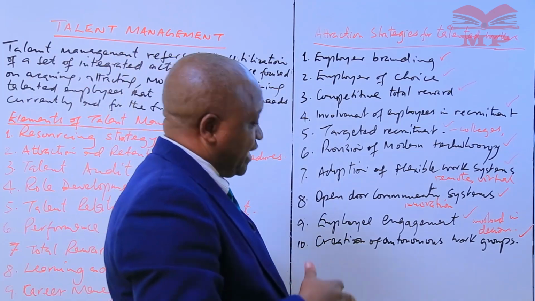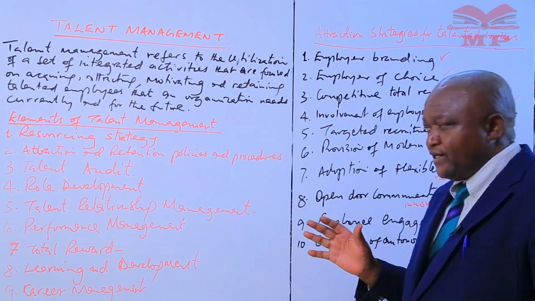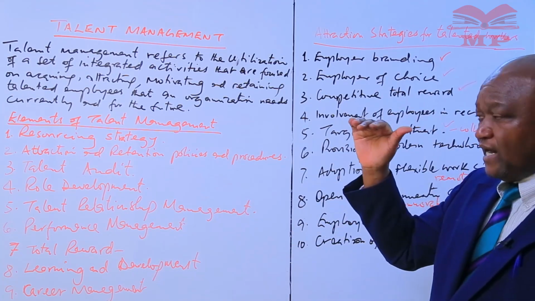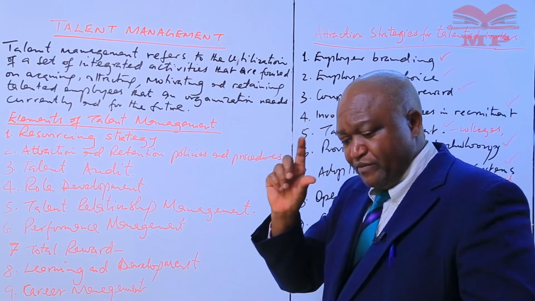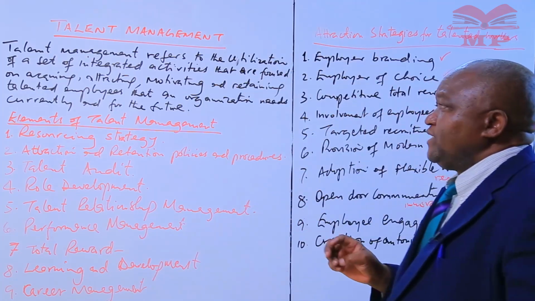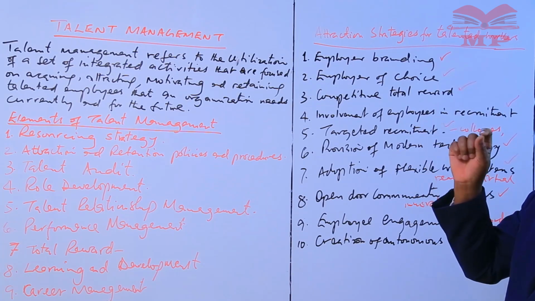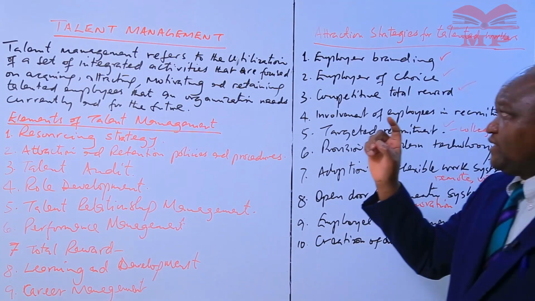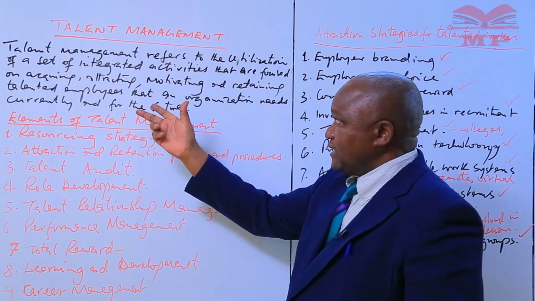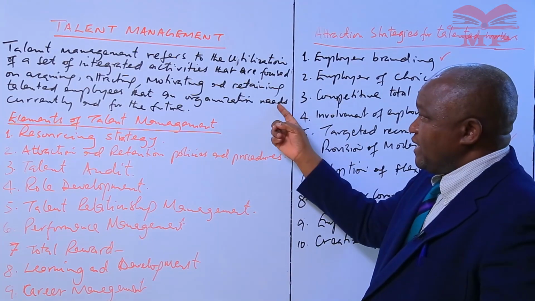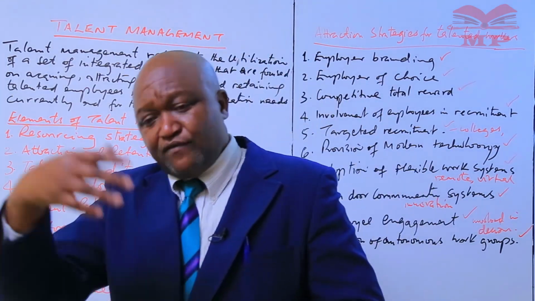So dear learner, in our lesson today that has been very interesting in relation to talent management, which is a subtopic under training and development in our subject on human resource management, we have looked at what is meant by talent management, and we have indicated that talent management refers to the utilization of a set of integrated activities that are focused on acquiring, attracting, motivating, and retaining talented employees that an organization needs for its current needs and future needs.